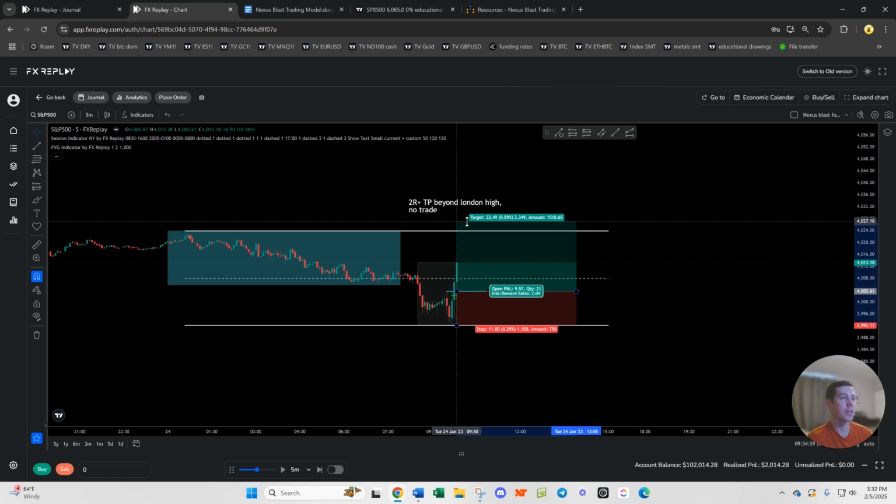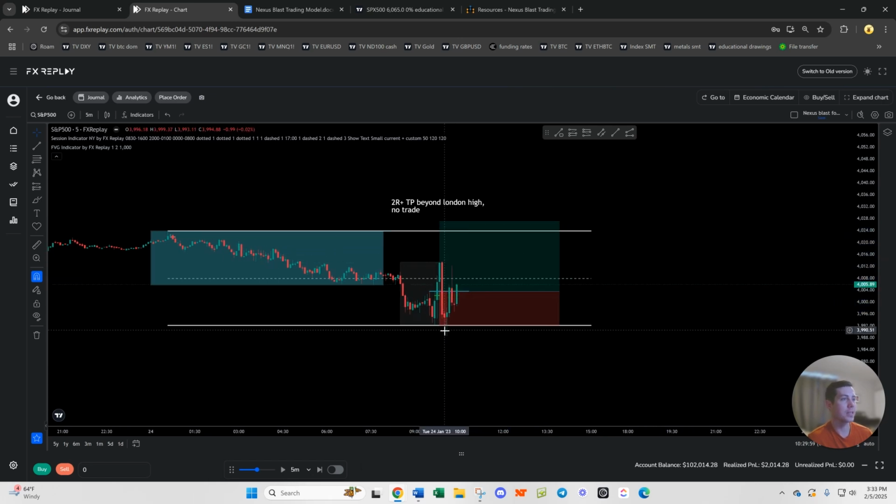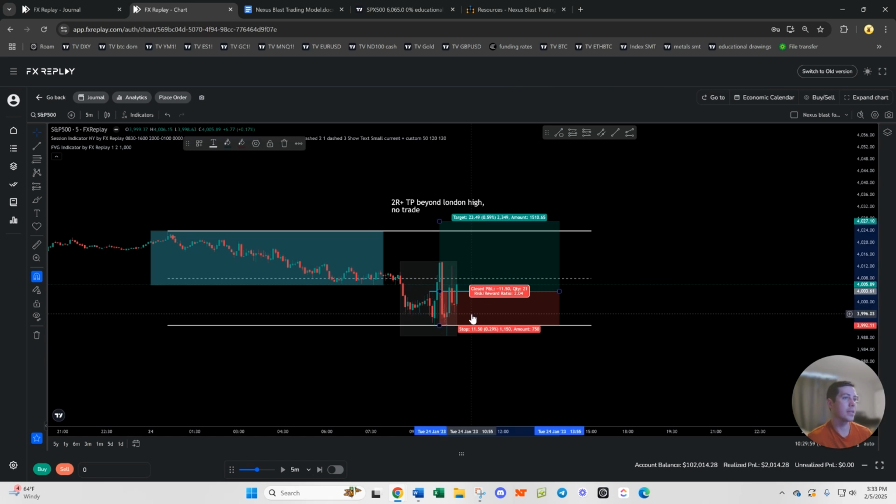So it's a pretty aggressive take profit, and better to pass on these trades. You can see here it saved us from a loss. So this criteria can help save you from more losses than wins, from what I was testing. This isn't a trade that I would have recorded because the take profit was beyond the high from the London session, midnight to 8 a.m.